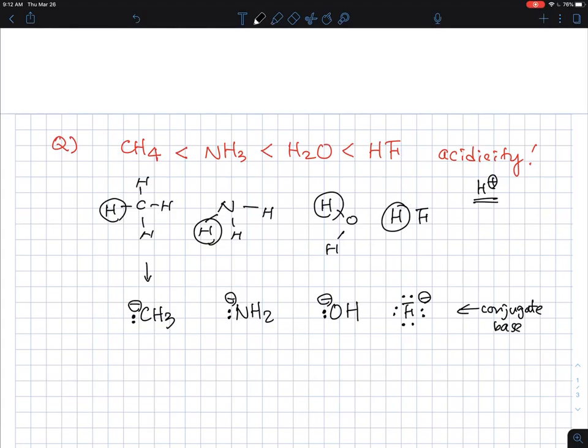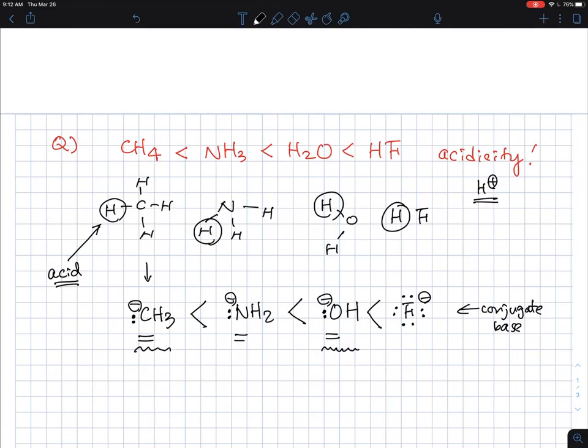And you're going to compare the stability. Stability-wise, if you look at the electronegativity differences, oxygen is more electronegative, so it is relatively more stable compared to the one on the carbon anion. It's almost odd for somebody to say methane is acidic, right?